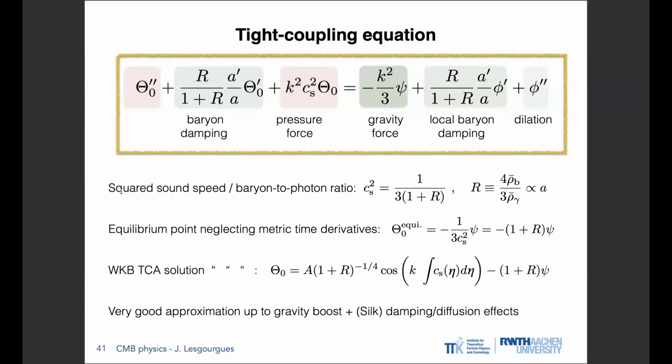And it's clear, for instance, that if you sit at a given time in the universe, there is such a mode propagating, and the wavelength is equal to 2 times the sound horizon, then it means that you have seen 2 times the density passing through a maximum.